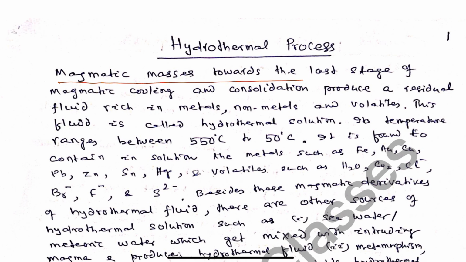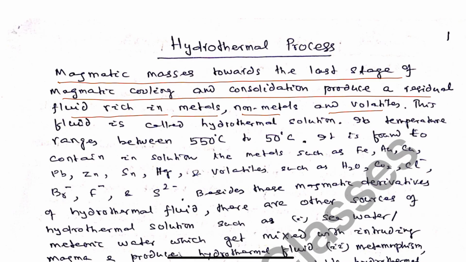Magmatic masses, towards the last part of magmatic cooling and crystallization, produce a residual liquid or residual fluid that is rich in metals, non-metals and volatiles. This fluid is generally called hydrothermal fluid, whose temperature ranges between 50 degrees centigrade and 550 degrees centigrade.